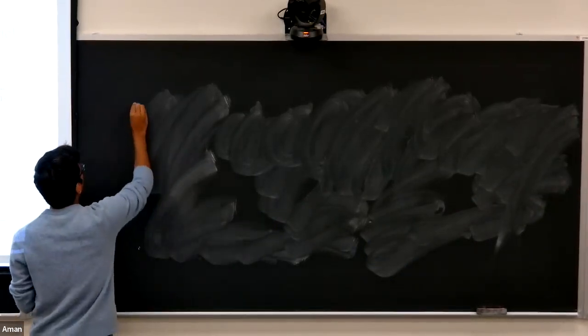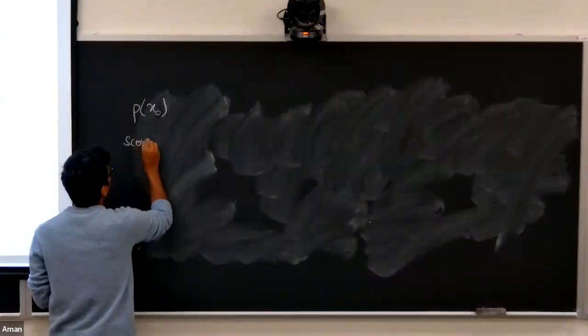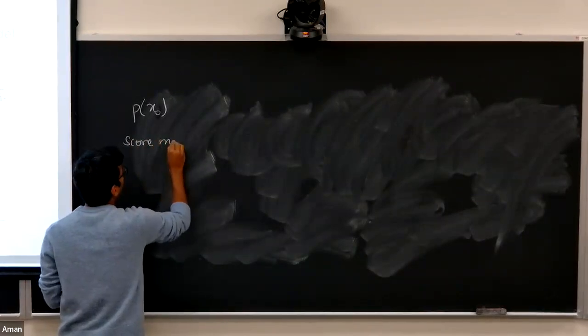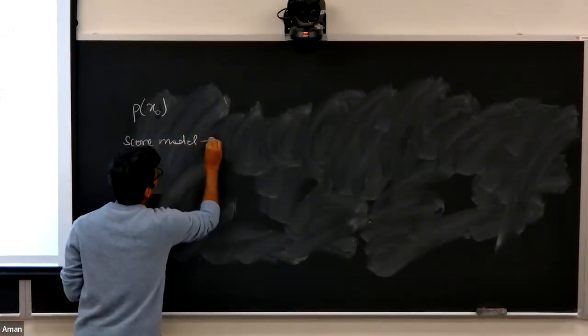Okay, so we have our model P of x naught, which is just generating the data. And we also have a score model, which is your classifier.